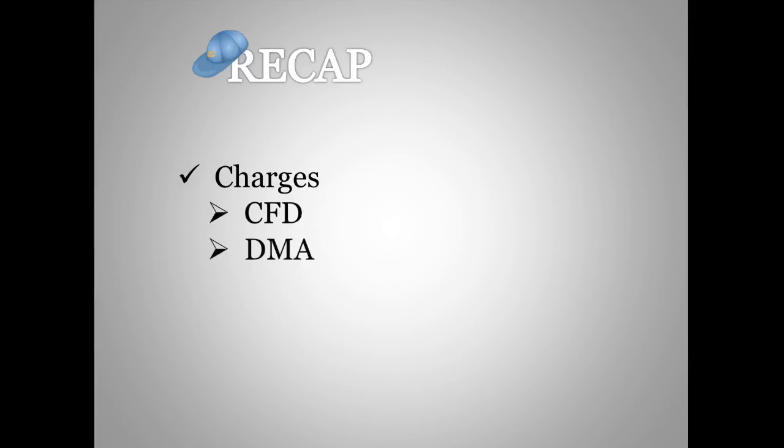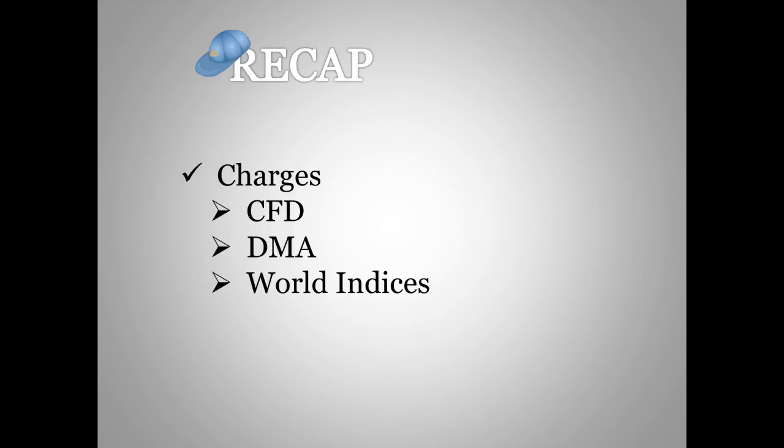Let us do a quick recap of what we have learned so far. We have gone through the different charges between CFD and CFD DMA. It is important to note the difference as this would affect your decision in placing your trades. Next, we have gone through world indices and how their charges are calculated. Note the differences in calculating your net profits or losses.